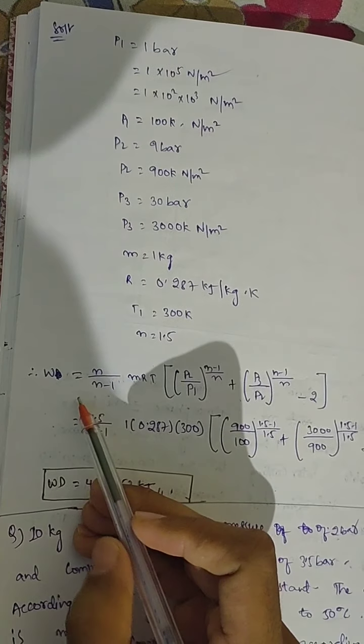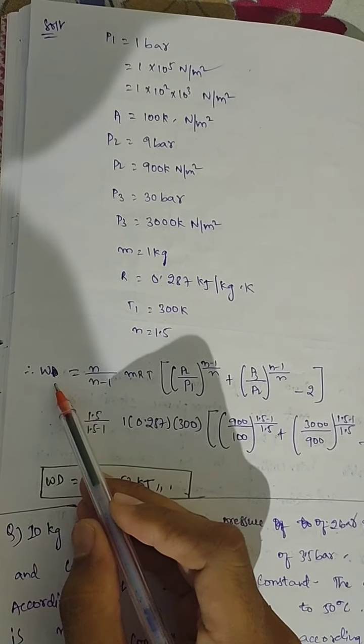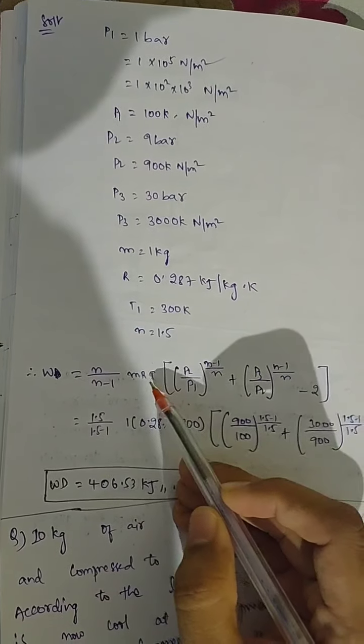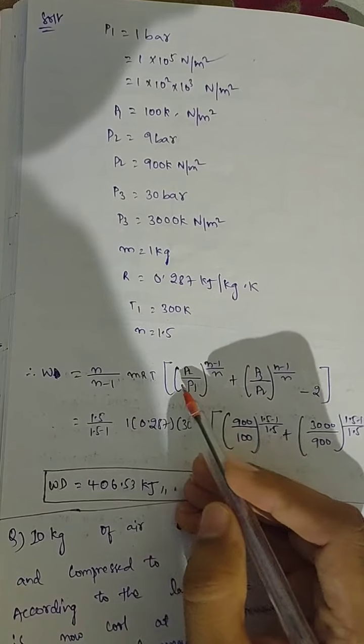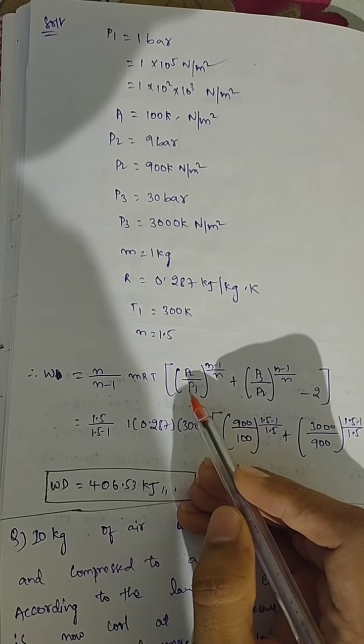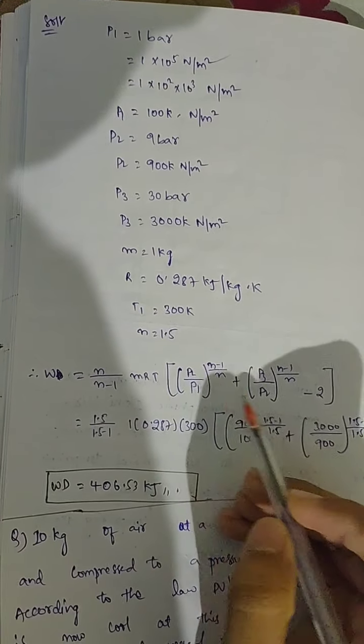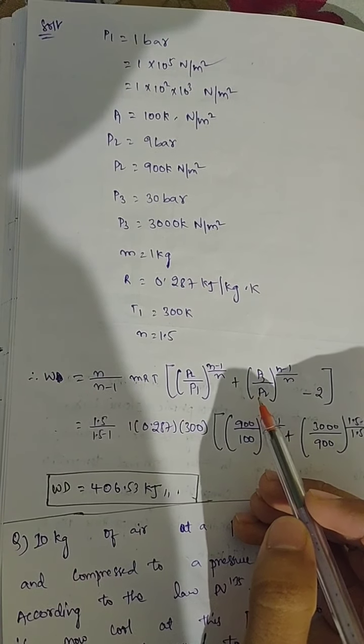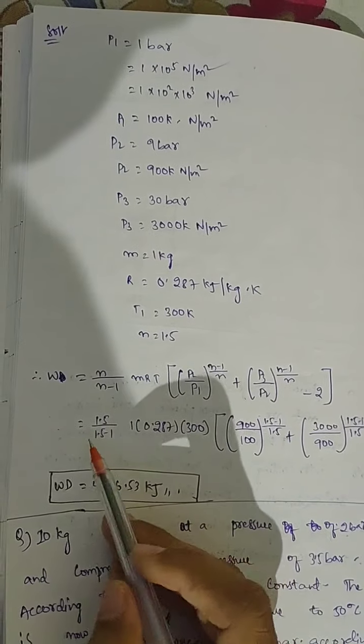Here is the formula of work done. Work done equals n/(n-1) mRT1 [(P2/P1)^((n-1)/n) + (P3/P2)^((n-1)/n) - 2].